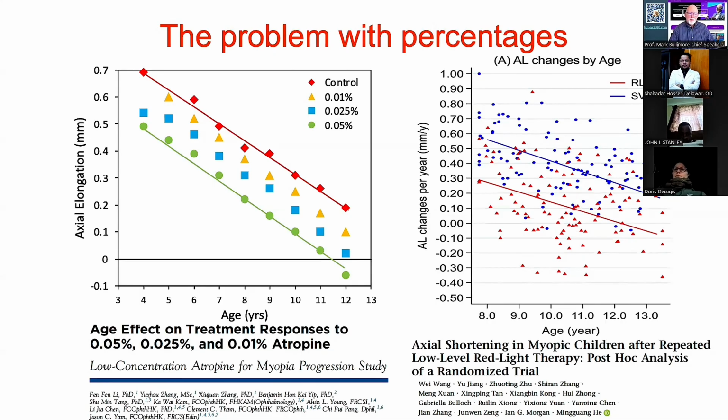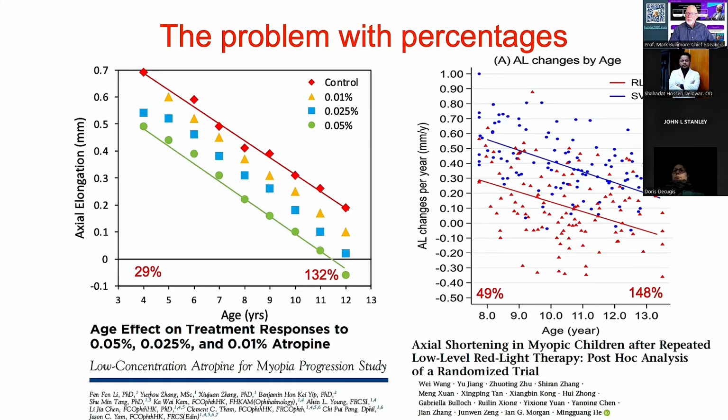Now, the problem with percentages is that they are very, very dependent on age. So in older children, you can get complete arrest of myopia progression and axial elongation. And that gives you percentages, of course, that are greater than 100%.